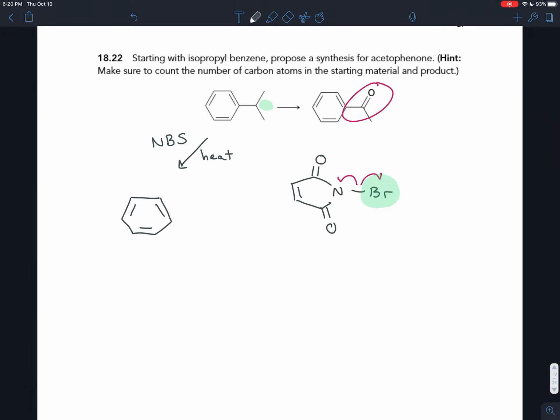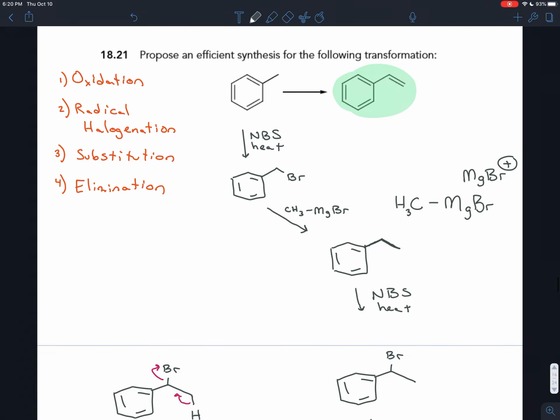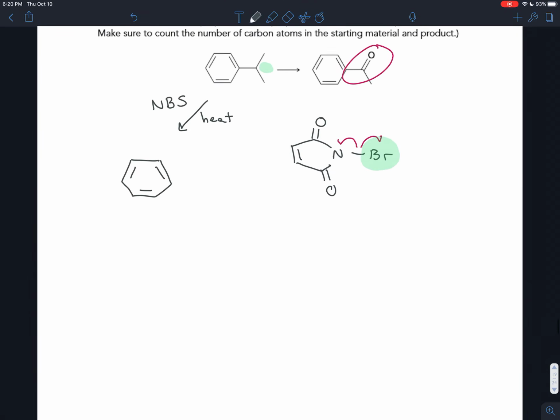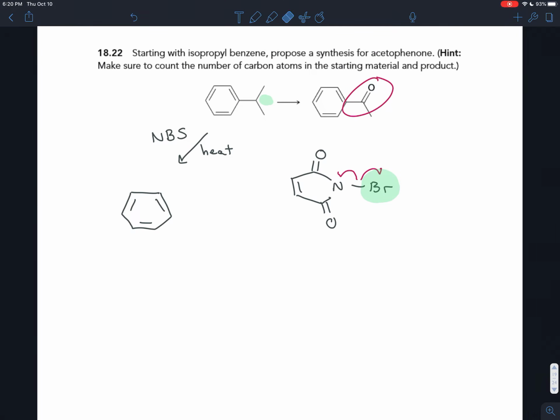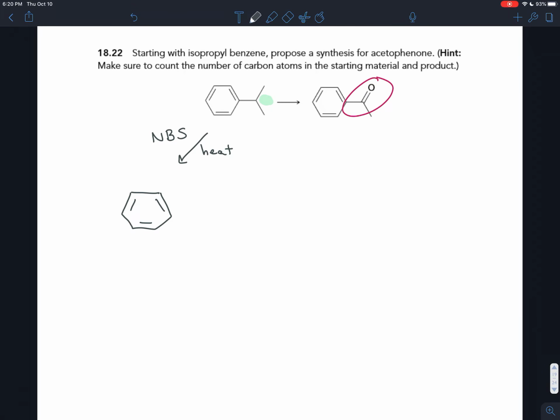If you're unsure about that mechanism, go back to the video for 1821. The result is that on that benzylic position, you'll now have a bromine. That's the effect of treating that with NBS and heat, radical halogenation.